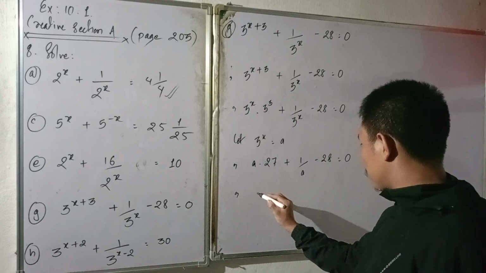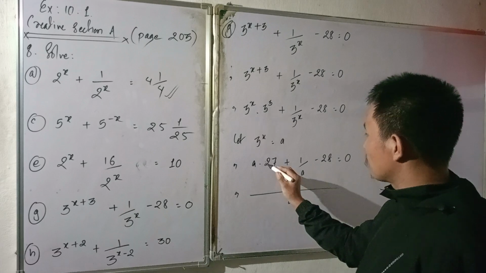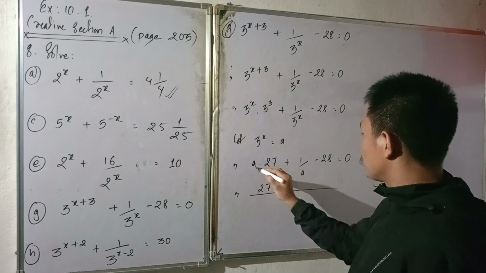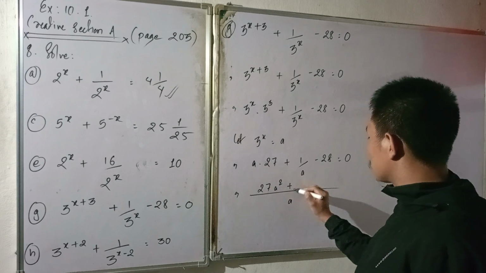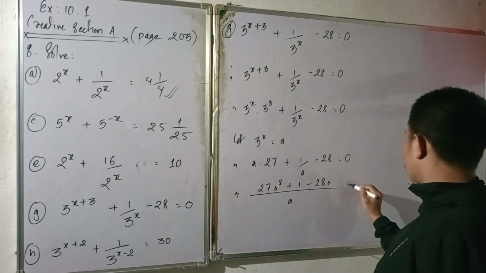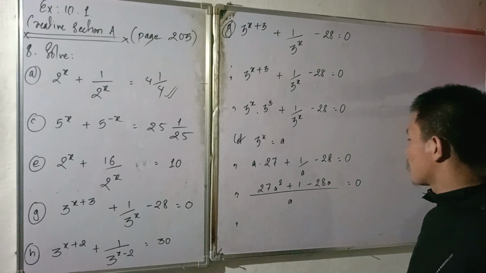On further simplification, you can just take the LCM a here. In this case this becomes 27a into a square plus 1 minus 28a is equal to 0.